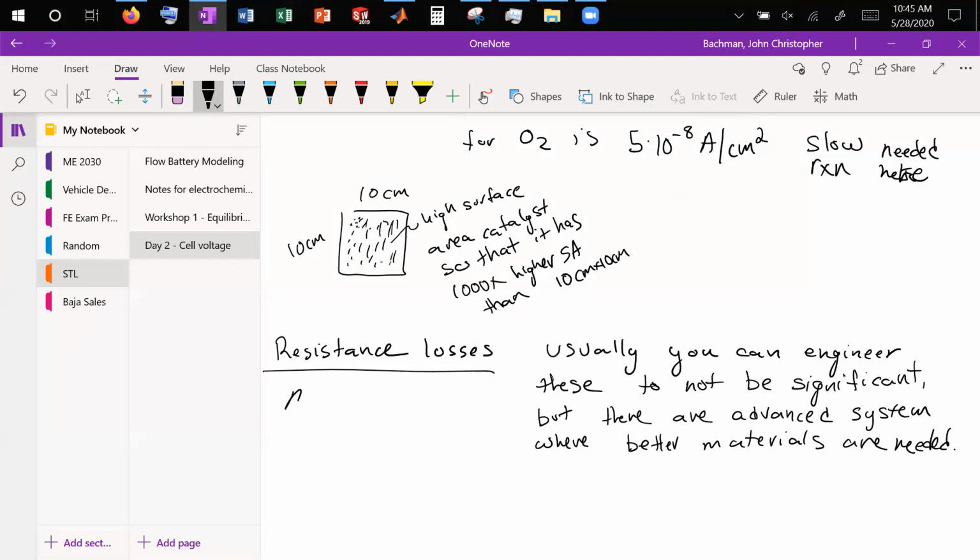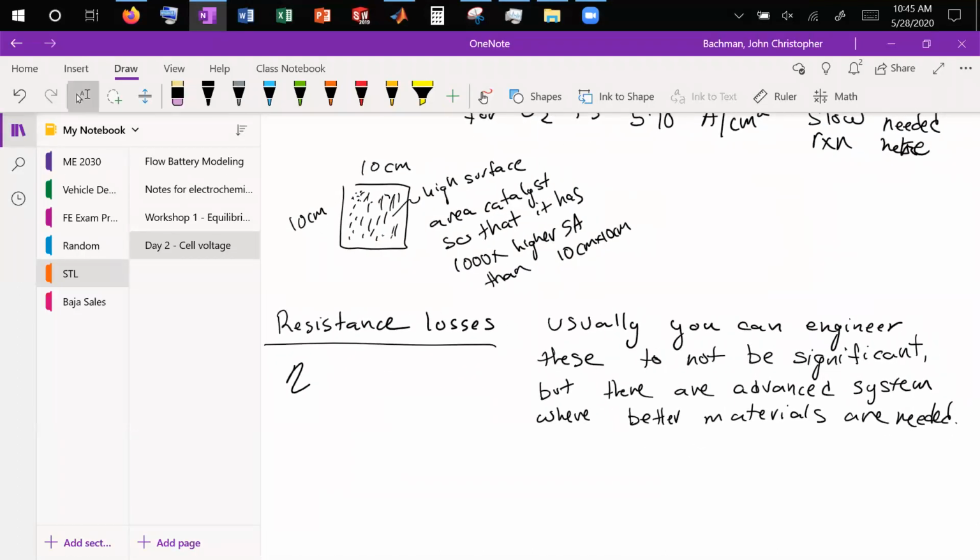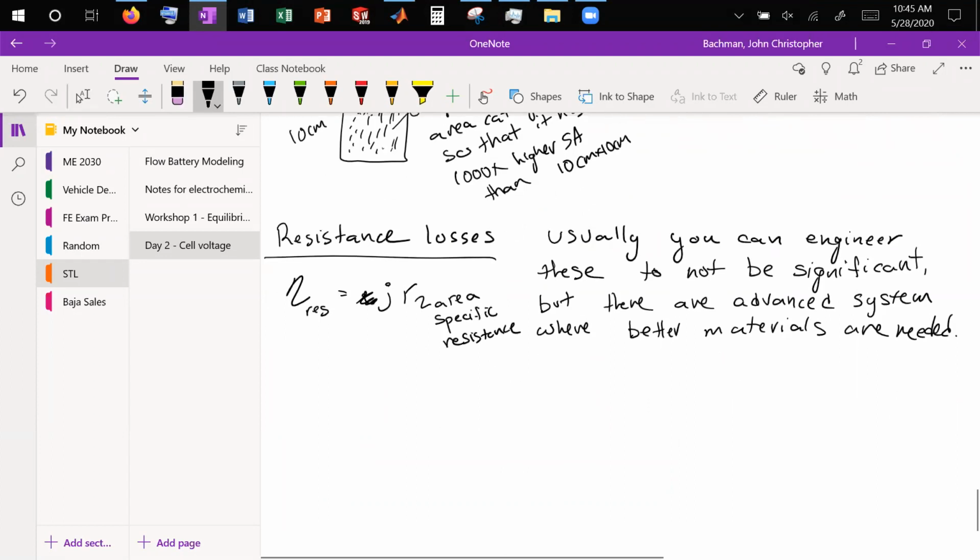And so the overpotential here associated with resistance is just going to be equal to your common J times R. This is what we call the area specific resistance, and so this is going to have units of ohms per centimeter squared.